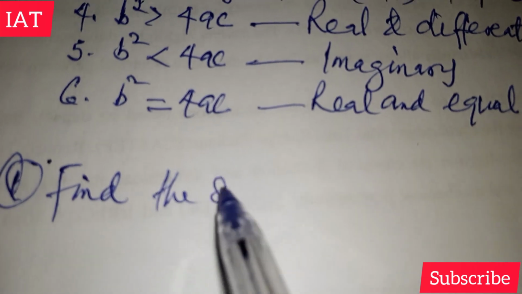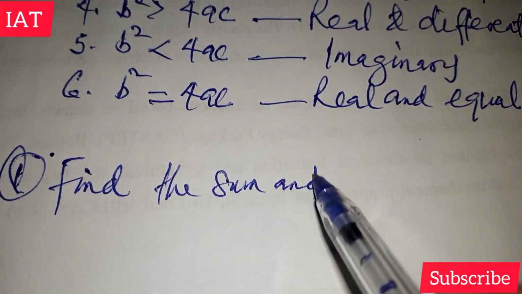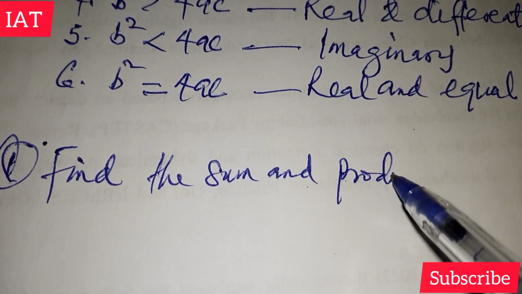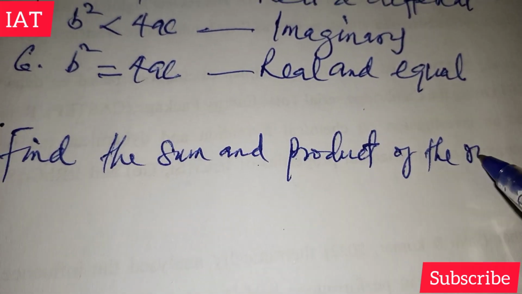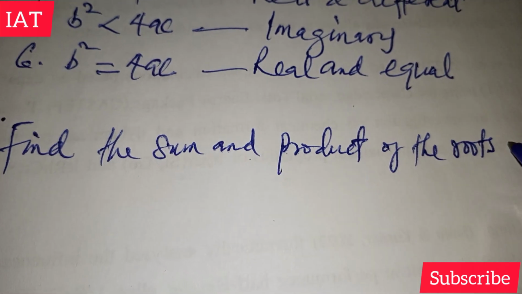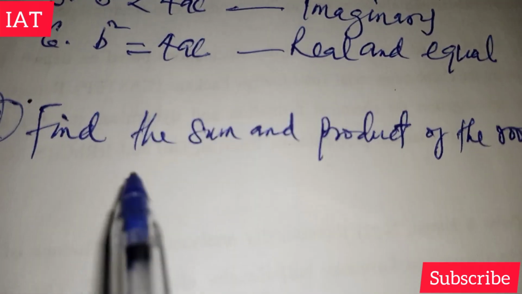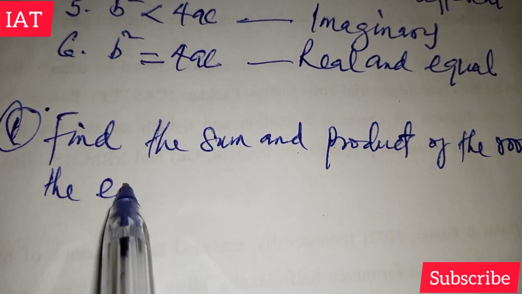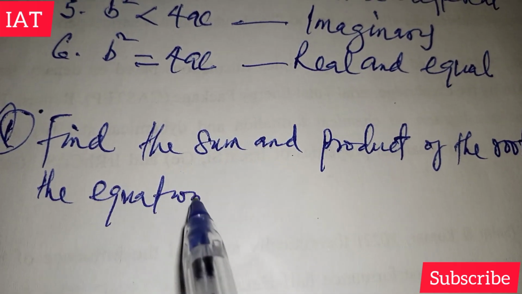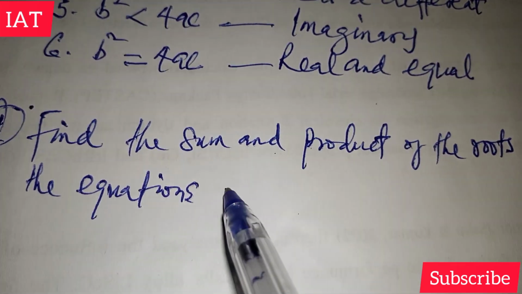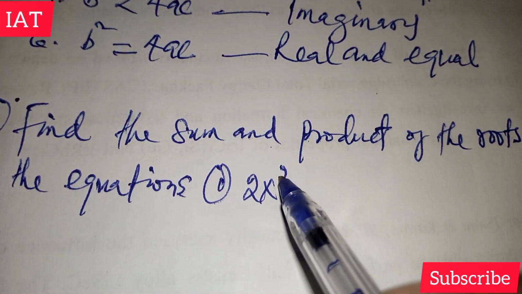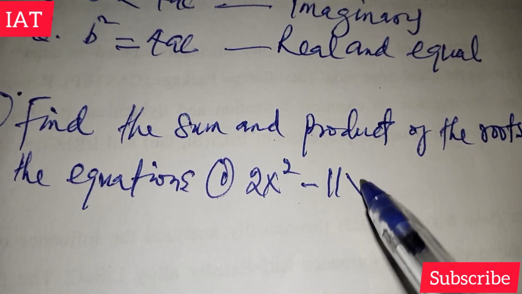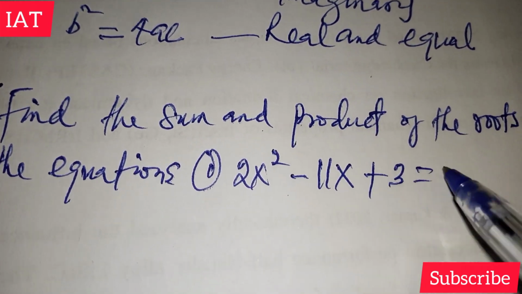Find the sum and product of the roots of the equation 2x² minus 11x plus 3 equal to 0.